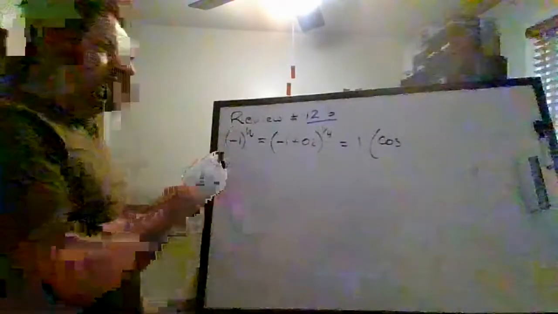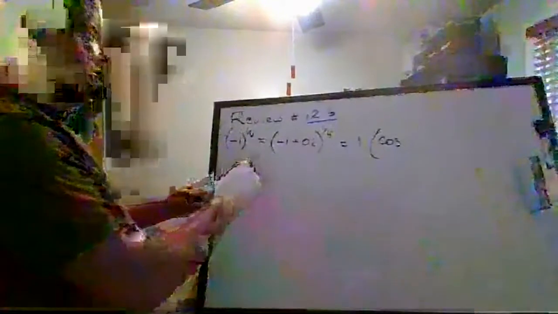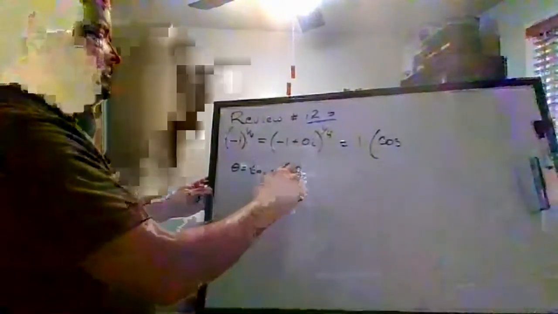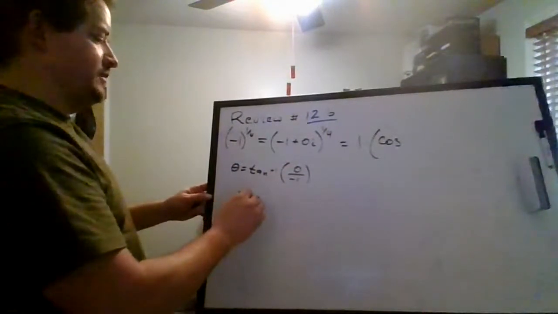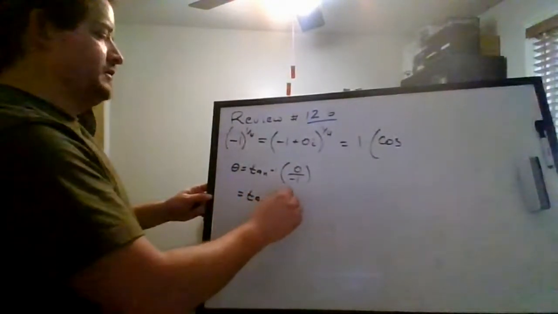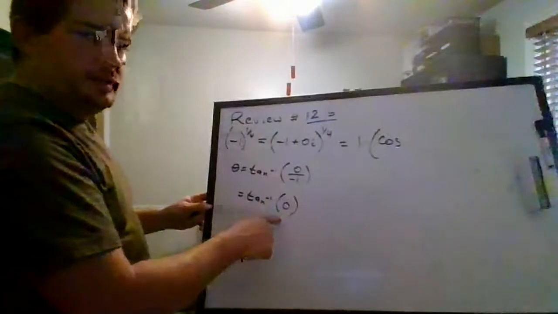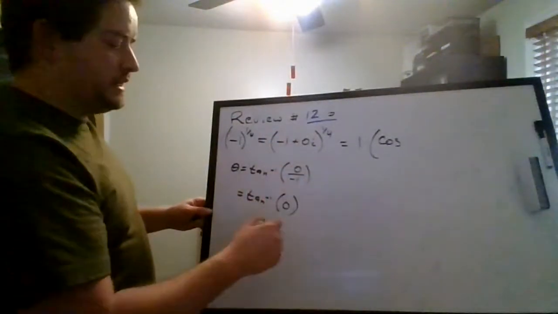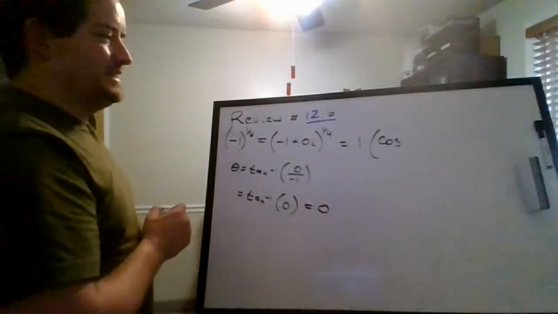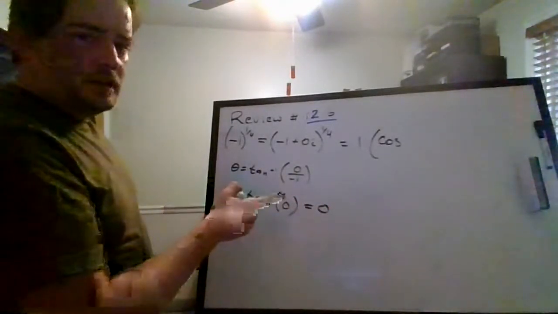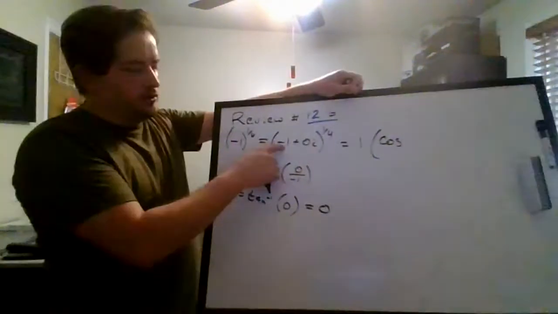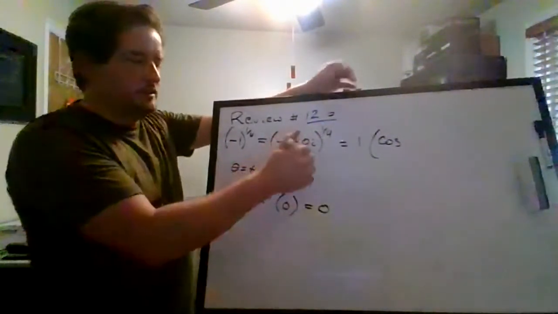It has an angle of, if I try to figure it out, tan inverse of 0 over negative 1, but that's the same as tan inverse of 0, and tan inverse of 0, if you're plugging that into a calculator, which you shouldn't be because you don't get one on your test, it'll spit out 0. That's not your angle, right? It's not, because you have a negative 1 in your real and a 0 in your imaginary.